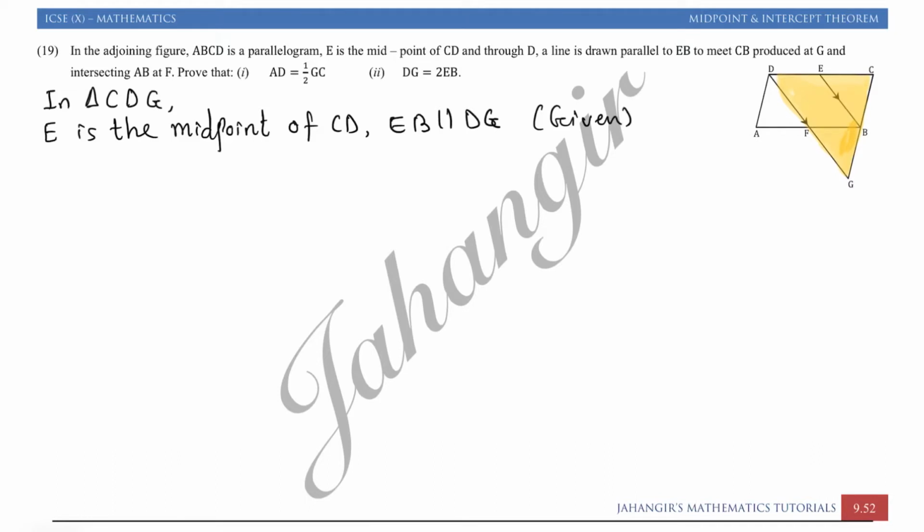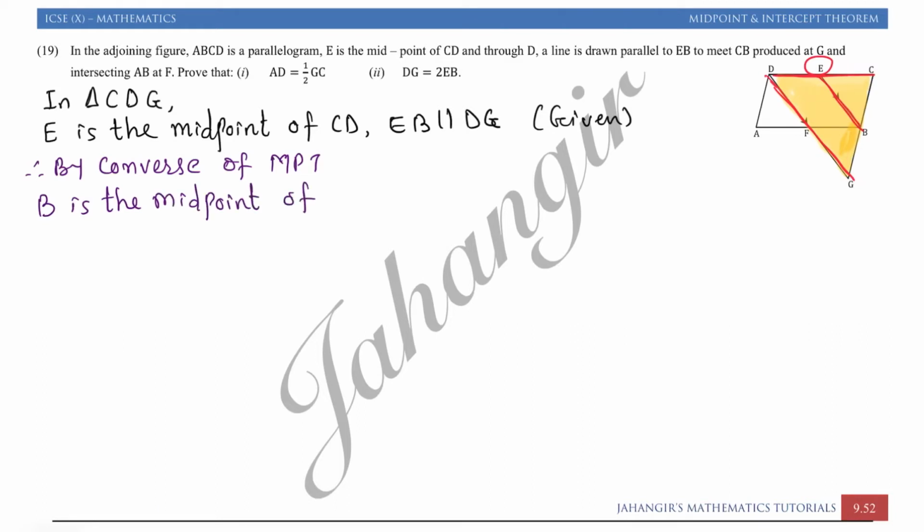So when in a triangle a line is passing through the midpoint of one side of a triangle and it's parallel to the other side. So if you notice, CD is one of the sides in which E is the midpoint, and the other line is passing through E and it is parallel to DG. So therefore by converse of midpoint theorem, we can say B is the midpoint of CG or GC.